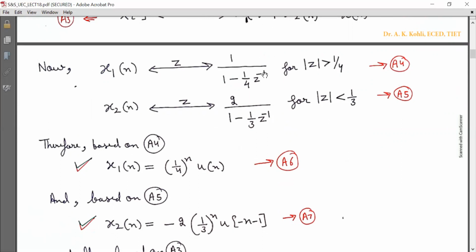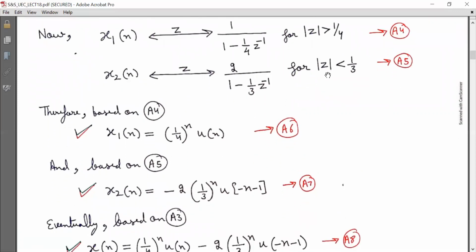Looking at X1(z), I can clearly write that x1[n] is equal to (1/4) raised to n u[n], as this ROC, magnitude z greater than 1/4, clearly indicates a causal signal. That is why x1[n] is equal to (1/4) raised to power n u[n]. Now look at equation A5 for X2(z).